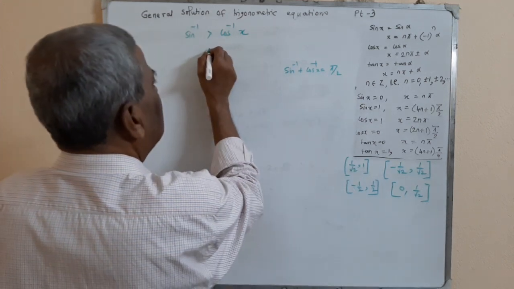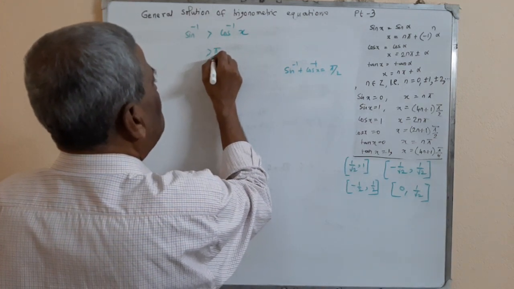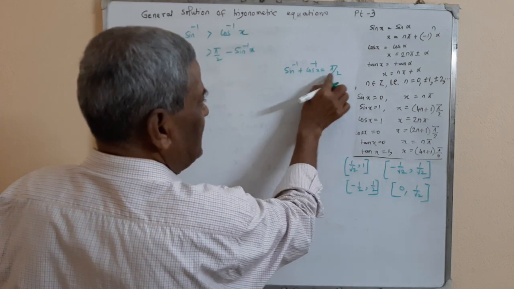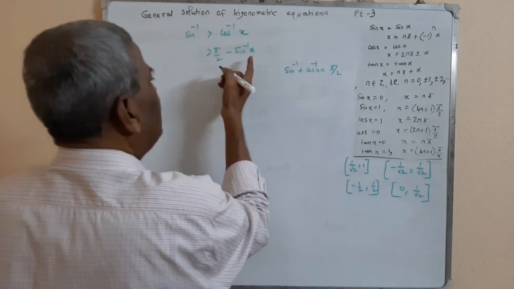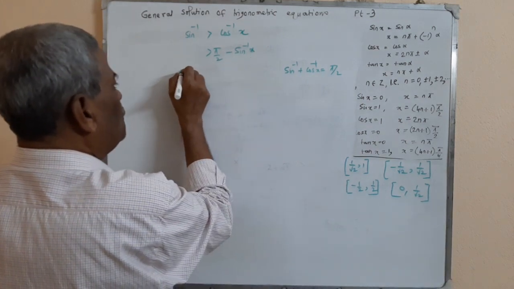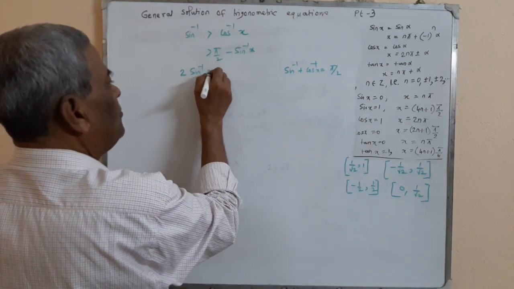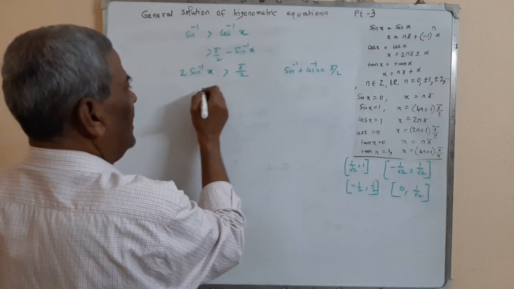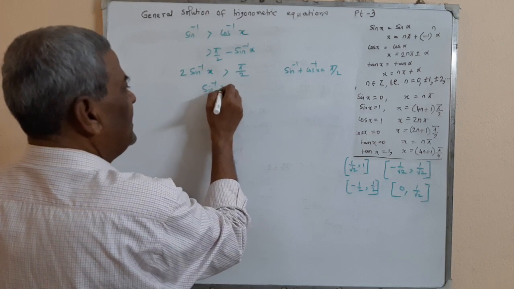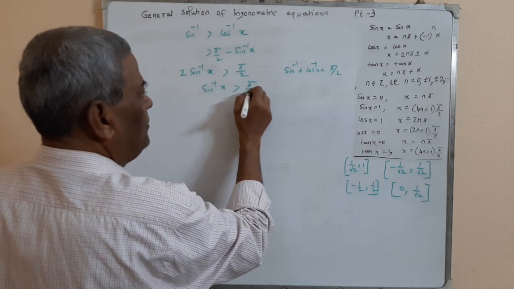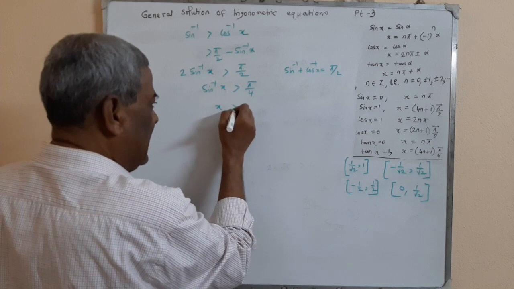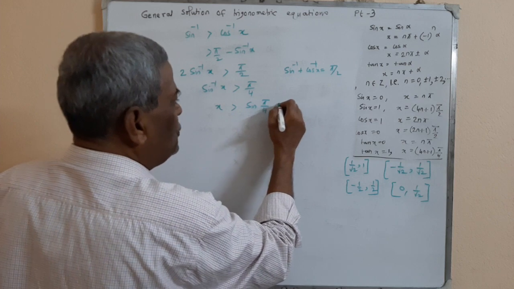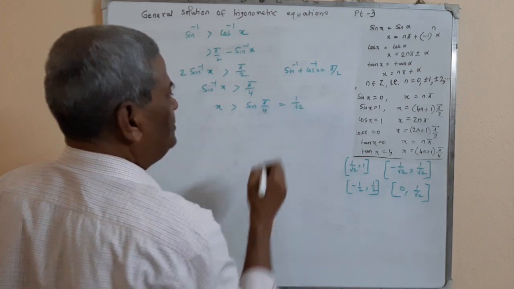So this becomes sin inverse x greater than pi by 2 minus sin inverse x, since cos inverse x is pi by 2 minus sin inverse x. Or 2 sin inverse x is greater than pi by 2. Sin inverse x is greater than pi by 4. That is, x is greater than sine of pi by 4, which is equal to 1 by root 2.